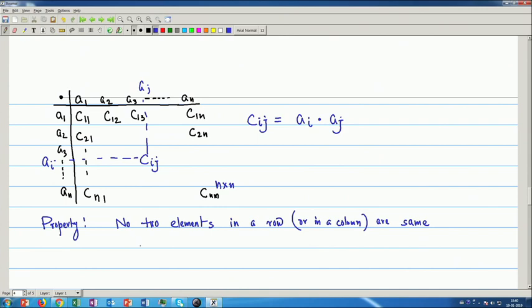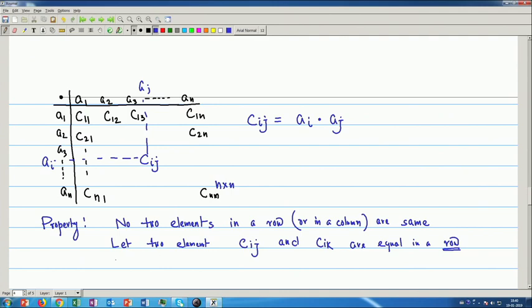Assume two elements are the same. Let the two elements Cij and Cik be equal in a row. We consider that in a row two elements are the same.